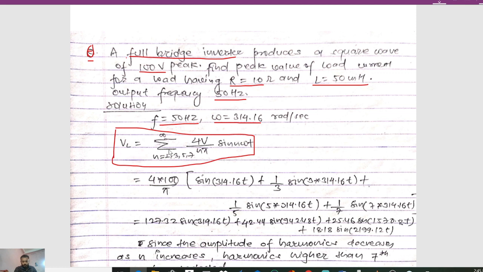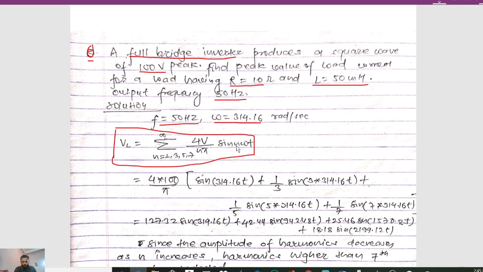So VL equals the summation for n equals 1, 3, 5, 7 to infinity of 4V upon n pi sin n omega t. Here V is 100 volt, so 4 into 100 upon pi is taken common.